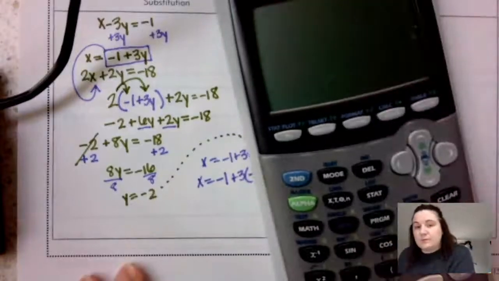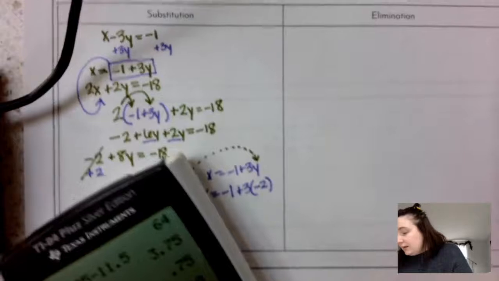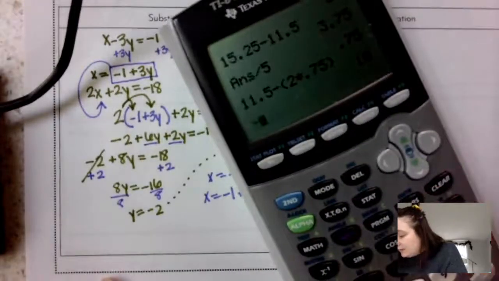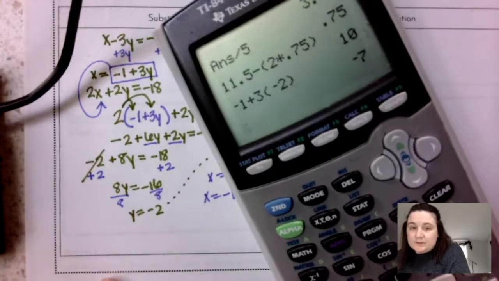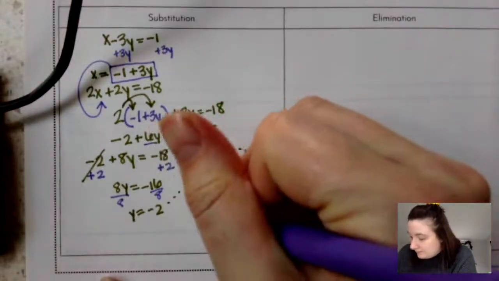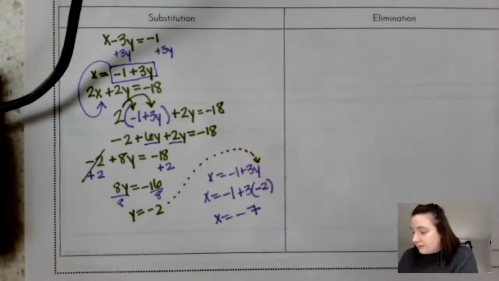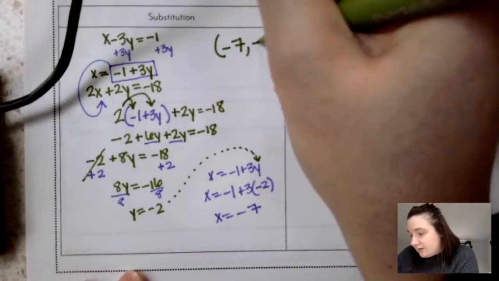And I can type that whole expression into my calculator. So I have negative 1 plus 3 parentheses negative 2, which gives me negative 7. And so my final answer is negative 7, negative 2.